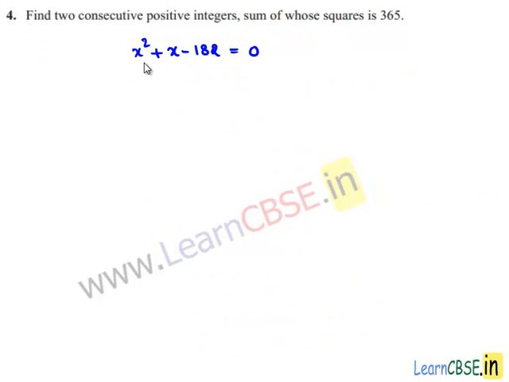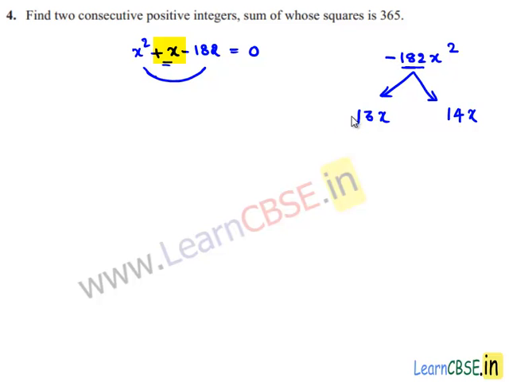Now the product of the first and last terms is minus 182 x square. So we need two terms such that their product must be equal to minus 182 x square and their sum must be equal to plus x. Let us take 13x and 14x. 13x multiplied by 14x is plus 182x square, but here we have minus 182x square.